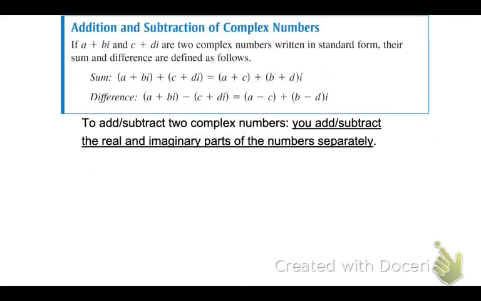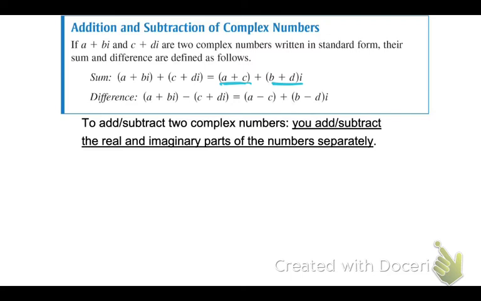Okay, all this says here is for addition, subtraction. Guess what you add? The reals to the reals, the imaginaries to the imaginaries. If I was going to write this, I would not write a sum and difference.